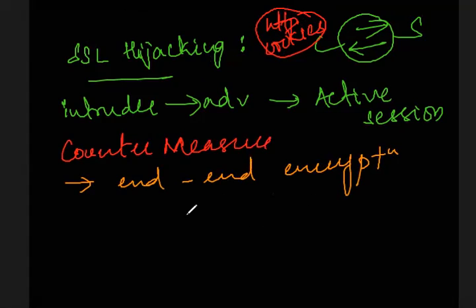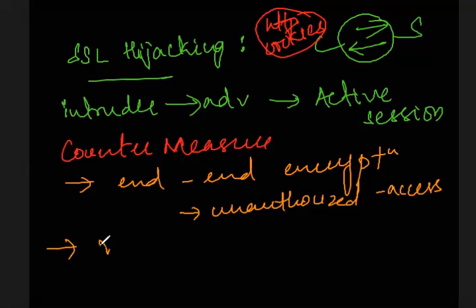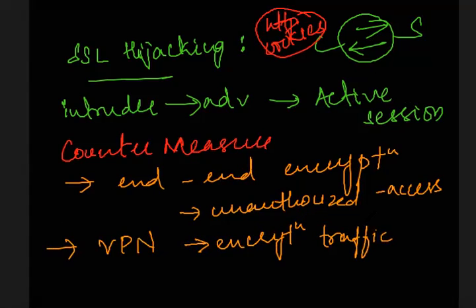When you have this end-to-end encryption, any unauthorized person will not be given access to the session. Or else the next step is, you can make use of virtual private networks to encrypt the traffic, that is all the data that you're sending.